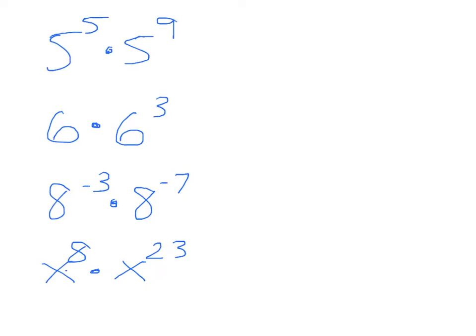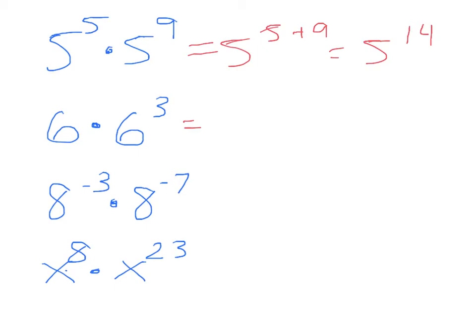All right, so if you've done this correctly, you would have started with 5 to the 5th times 5 to the 9th. You would have done 5 plus 9, and that would have given you 5 to the 14th power. Now, here's an interesting one, because you're probably looking at 6 times 6 to the 3rd and wondering, how do I add exponents if they don't exist?